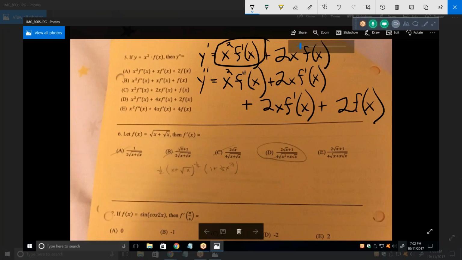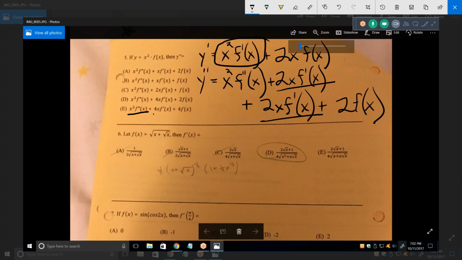Now, let's see if that's on there. First of all, do we have anything that we can combine? Yeah, I got a 2x f prime of x and another 2x f prime of x. So that'd just be 4x f prime of x. So it's one of these two answers here. And what else do we have? The first term is correct.